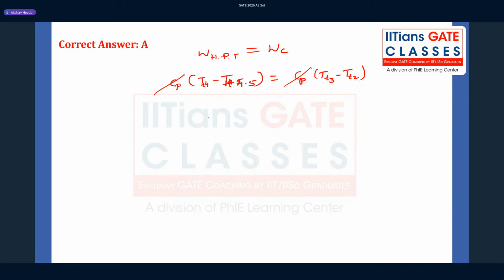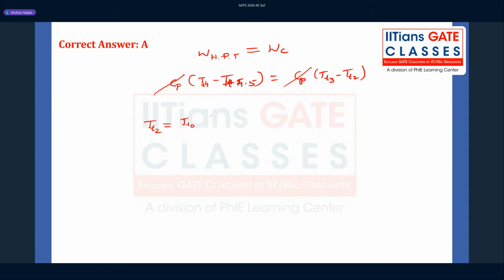So I can write it in this fashion. Also, from the given condition, T2 is equal to T naught. Why? Because the inlet that we have there, we are treating it to be ideal, so total temperature remains constant.